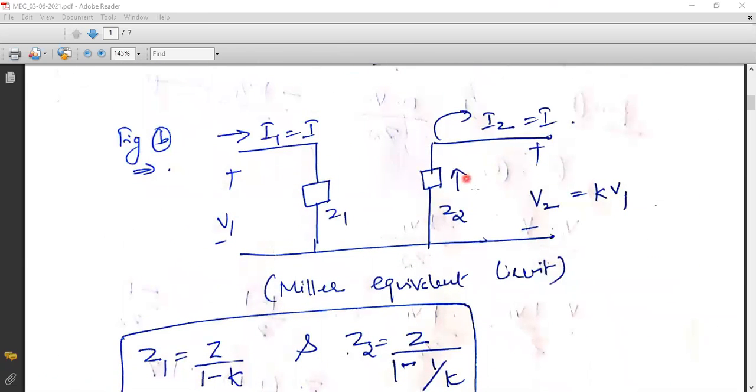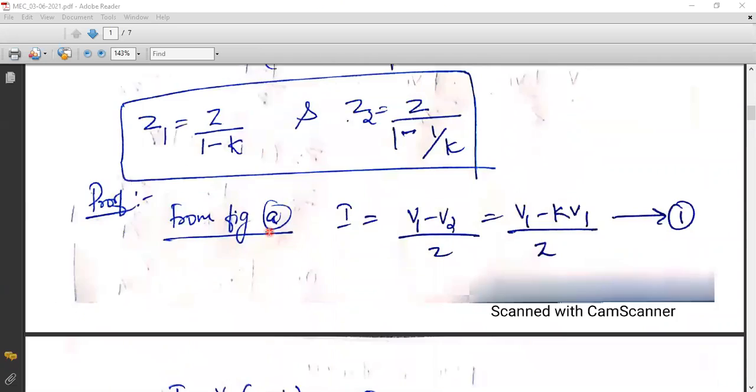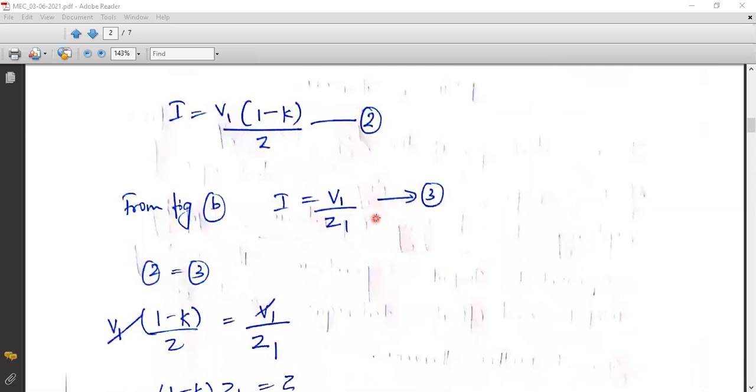In figure B, V2 is coming in the second port, right? That is in the output port, which is different from the input side. So there we can't take V2 along with V1 for finding I. So we are applying just Ohm's law in the input circuit alone so that we can finalize the equation for I, which is equal to V1 by Z1. So the LHS of these two equations are same.